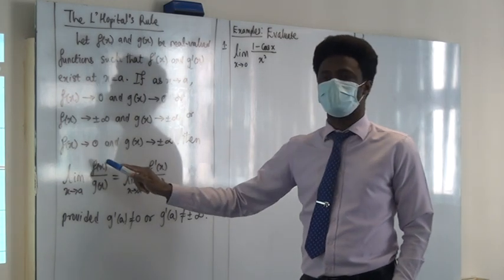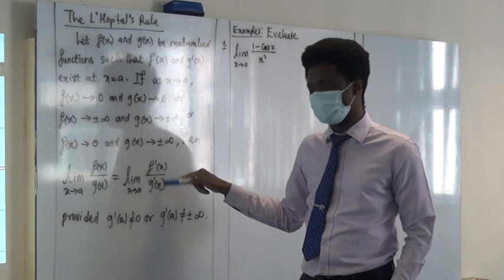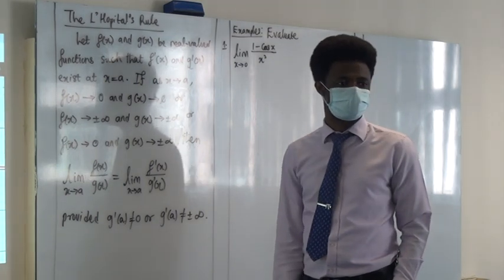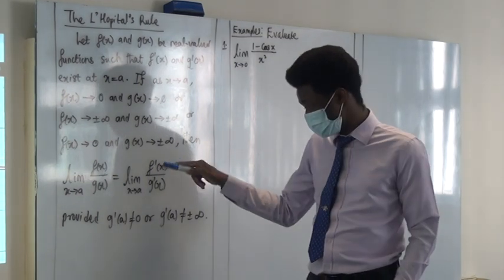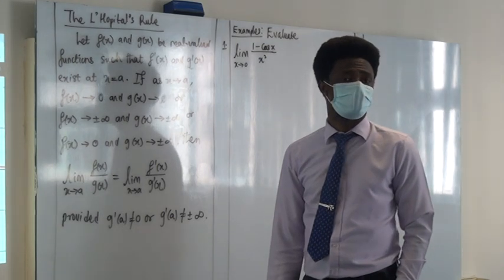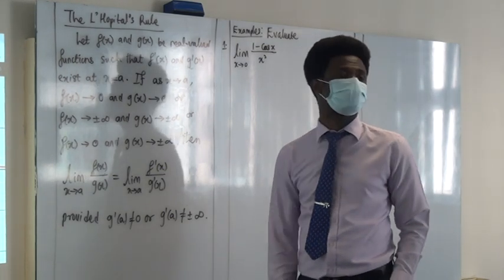This limit will be the same as the limit of their derivatives, provided this limit exists. If it doesn't exist, we differentiate again.